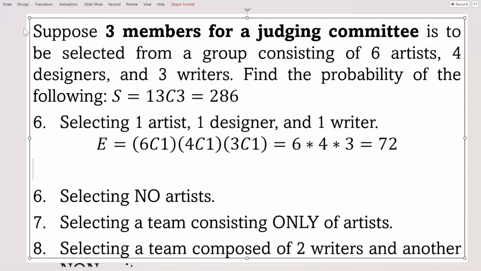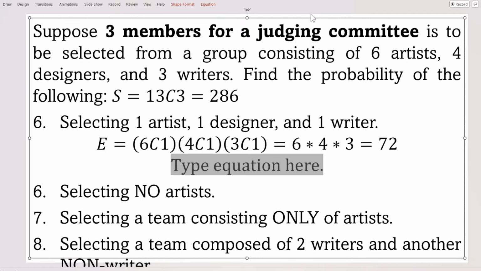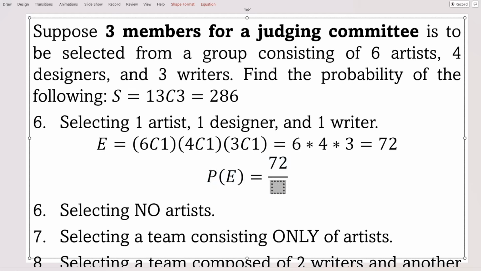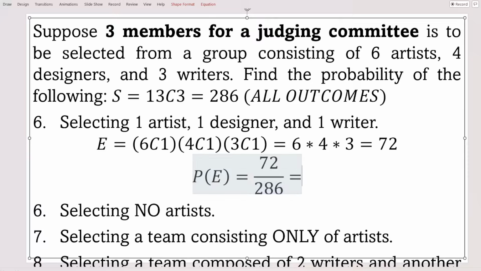Finally, the probability of number 6 is just the number of outcomes that you want, 72, divided by all the possible outcomes, which is 286.